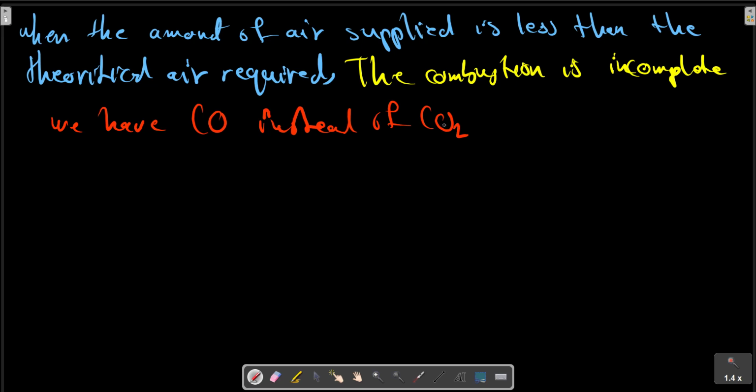If the air supplied is considerably less than the theoretical air, there may also be some hydrocarbons in the products of combustion, maybe some unburned hydrocarbon.